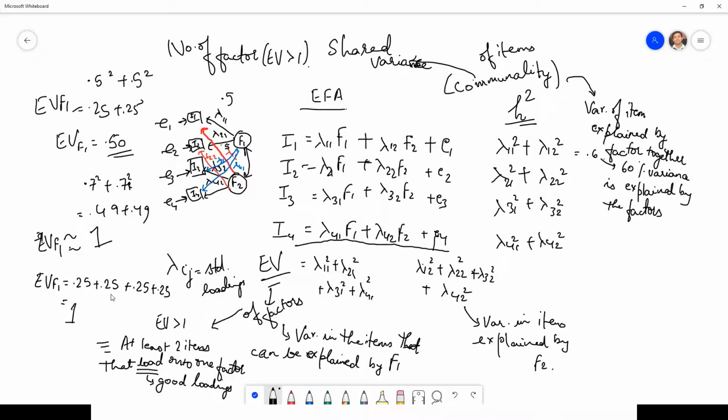So there are at least two items that load onto the latent factor. If you have good loadings, then even with two items, your eigenvalue will cross 1, and you can say that these items give me a good factor structure or good factor extraction, right?